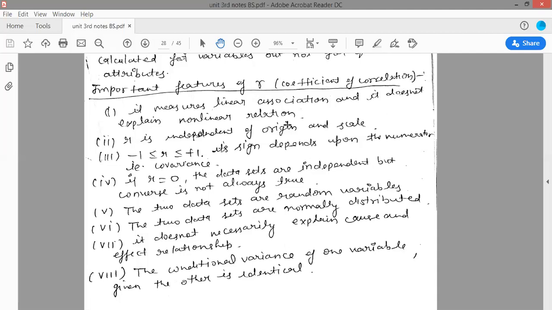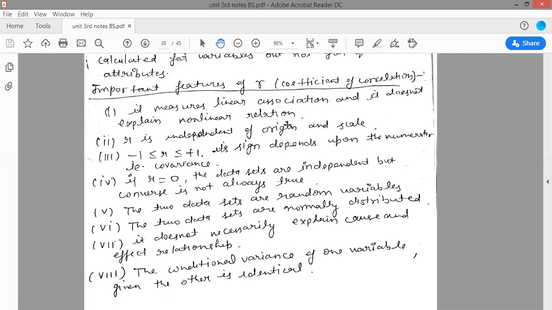Second point, r is independent of origin and scale. Third point, r lies between minus 1 and plus 1. Its sign depends upon the numerator, which means covariance.